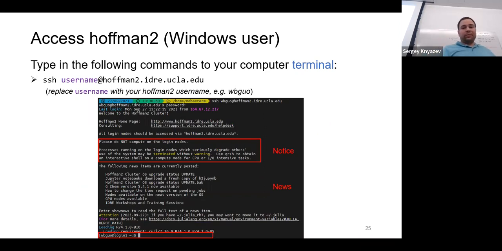So you see, when you logged in, you received some text from the server. There are some notices and some news. You see there is a notice that you cannot run your job directly from the nodes. Right? Why? Who can guess why it happens? Why is there such a rule?